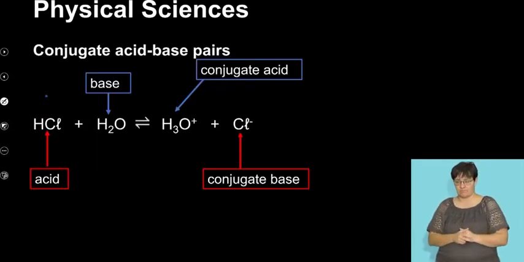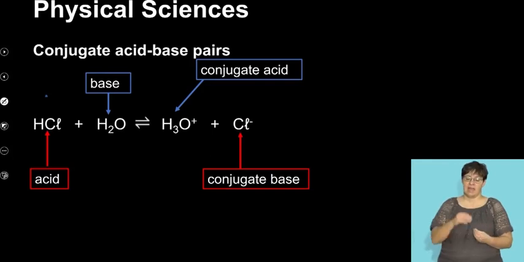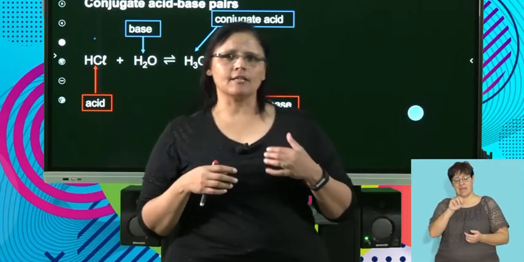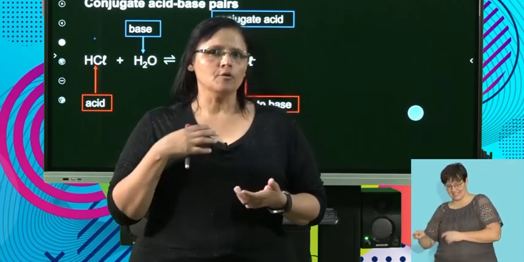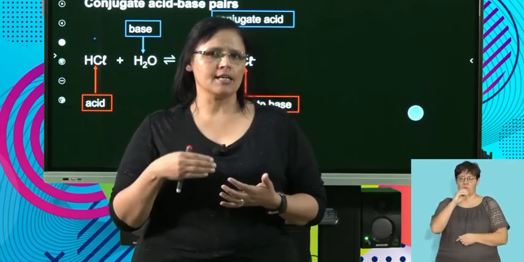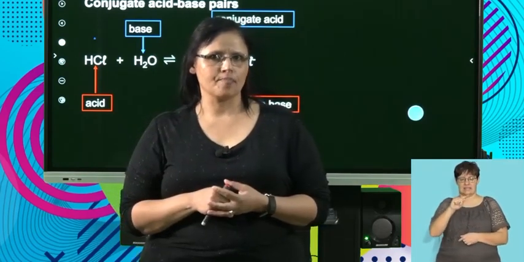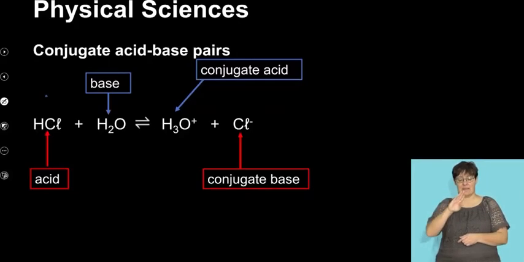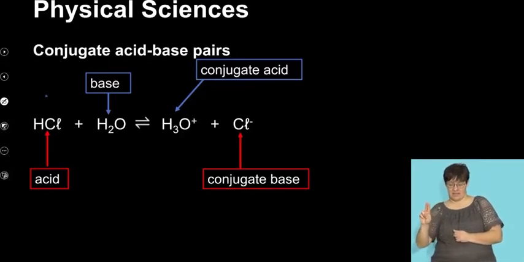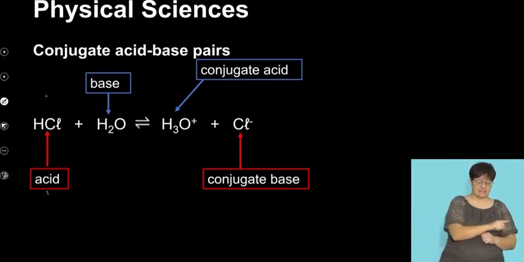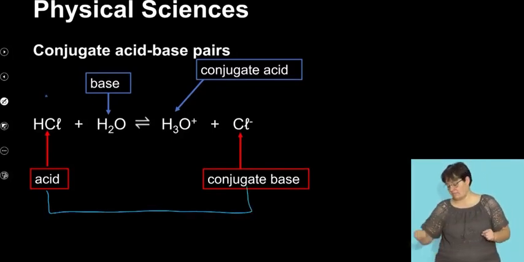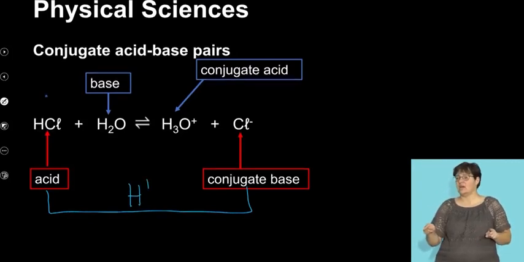Right, so when we have an acid and a base that forms an acid and a base, we talk about conjugate acid-base pairs. Normally, the difference between an acid and its conjugate base is a proton.